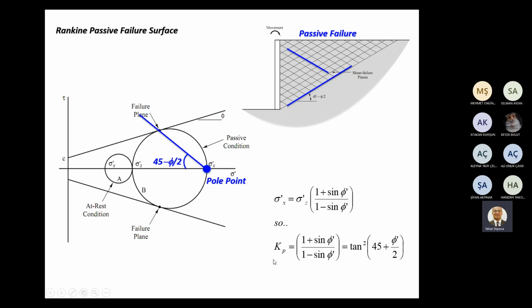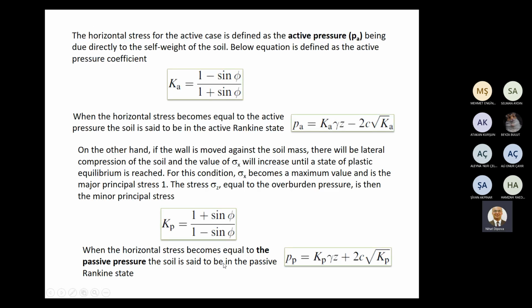And now the coefficient is Kp, the passive earth pressure coefficient. You can express it this way or this way. Okay. The horizontal stress for the active case is defined as the active pressure, Pa.